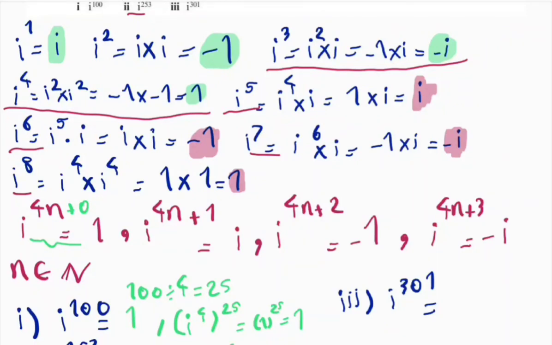So the thing we get is 63 times 4, obviously, plus 1. And this simply tells us that this is the second case, where we have 4n plus 1. That's when the remainder is 1. And this tells us that in this case, the answer is equal to i. So, yeah, this was another case.